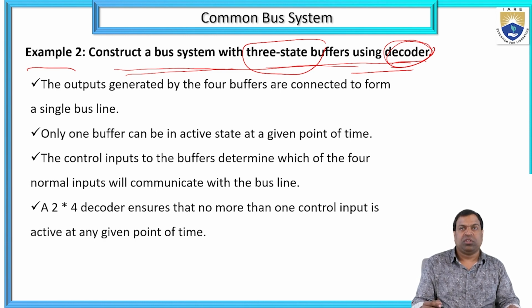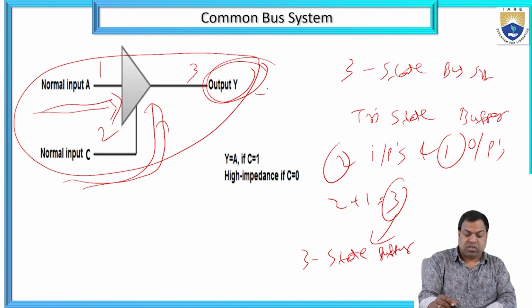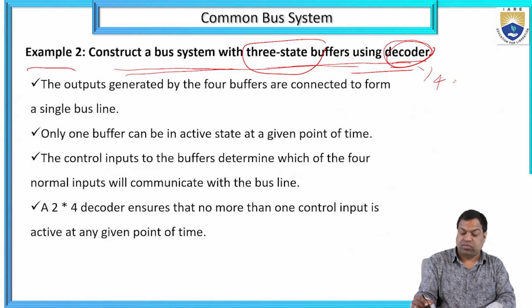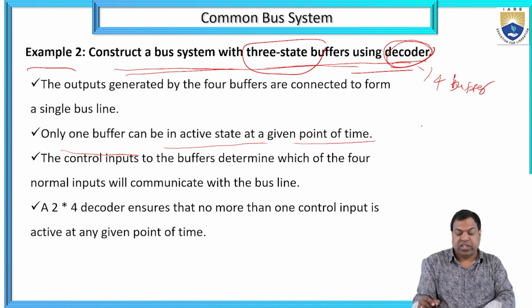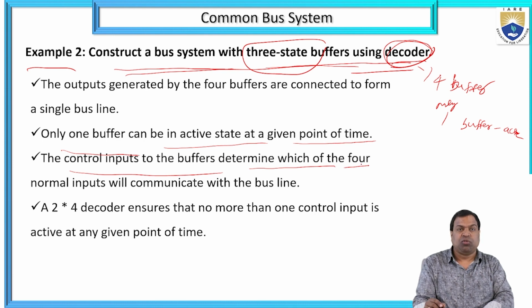The outputs generated by the four buffers are connected to form a single bus. Only one buffer can be active at a given point, and the control inputs determine which of the four normal inputs will communicate with the bus line.